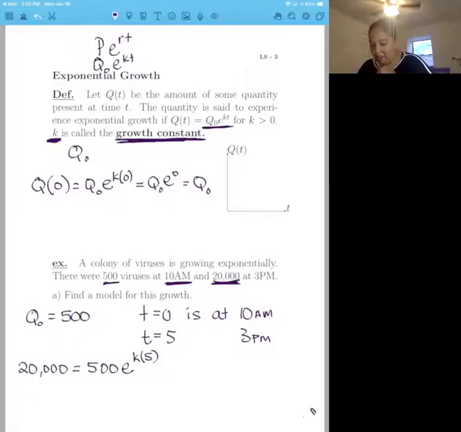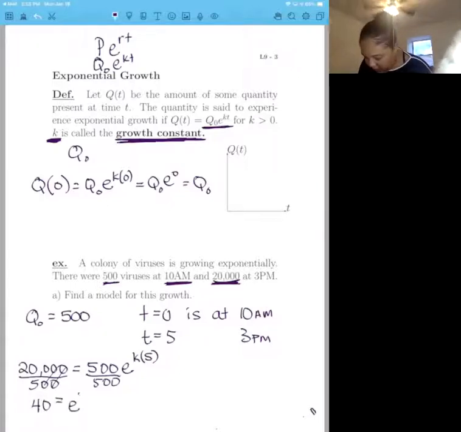All right, so I'm going to divide both sides by 500. And let's see, how many zeros do I get rid of? And 5 goes in 40 times. So I have 40 equals e to the 5k, right? I need to solve for k. So what I need to do is take the natural log of both sides.